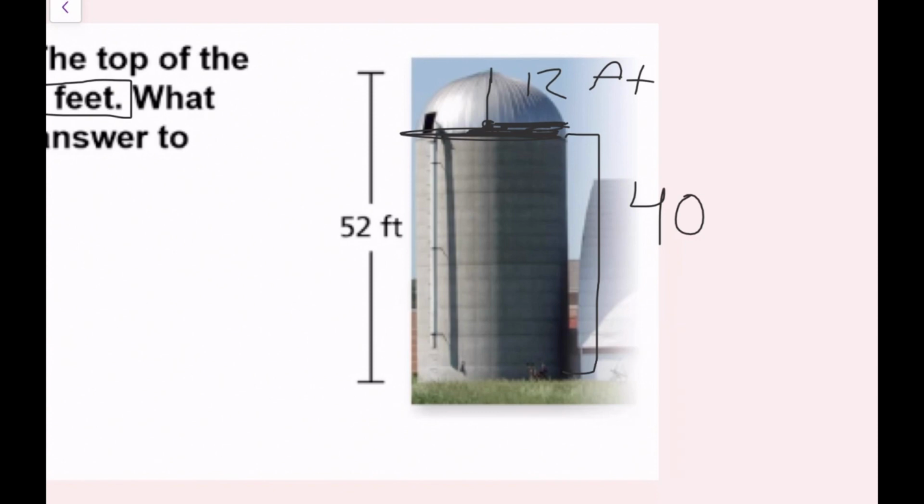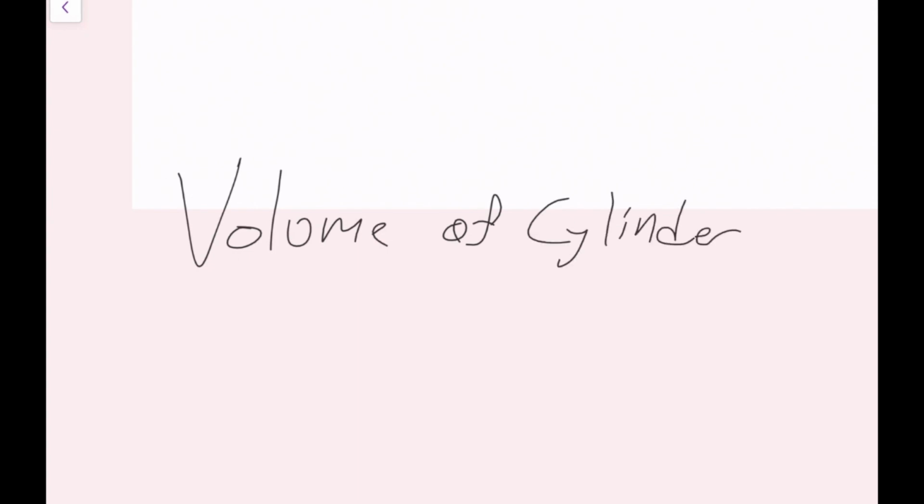So we're actually going to break this down into two questions. We're going to find the volume of the cylinder, and then the volume of the hemisphere.